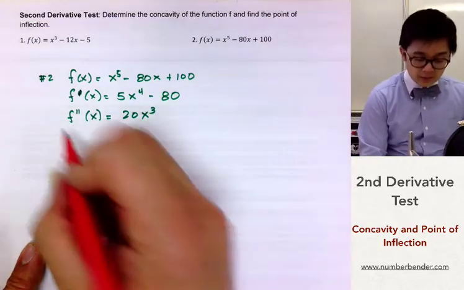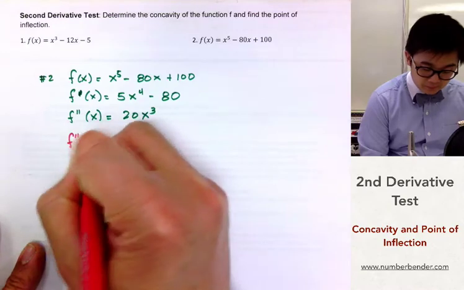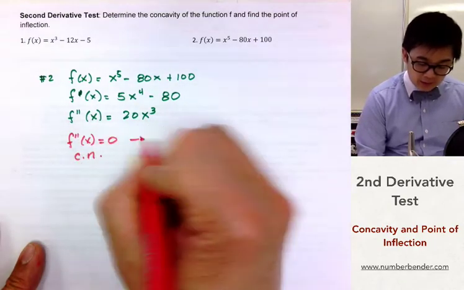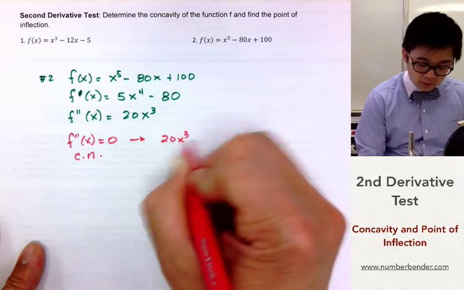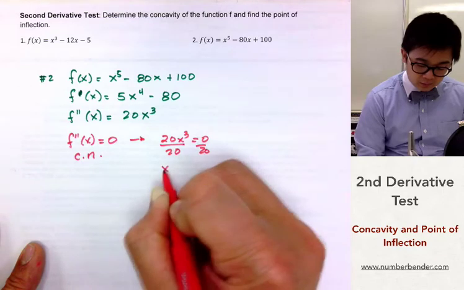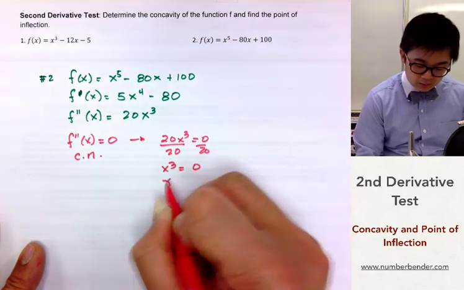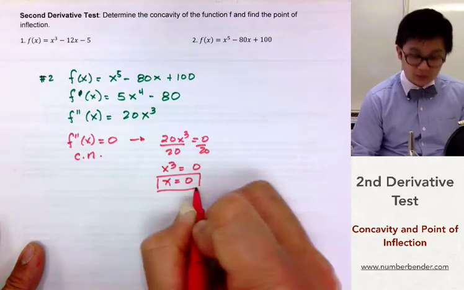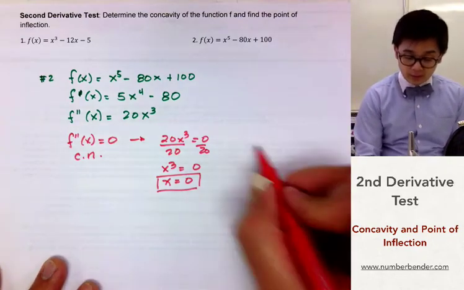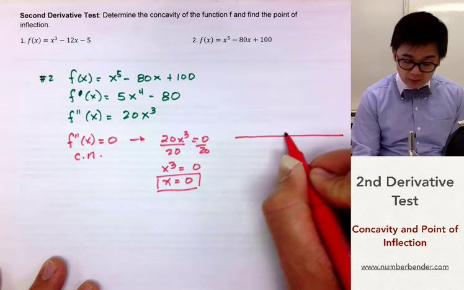So from our second derivative, we'll set it to 0 to find our critical number, and 20x cubed equal to 0 will give us 0. So the critical number for our second derivative will be 0, and this is what we're going to be using in our sign chart.